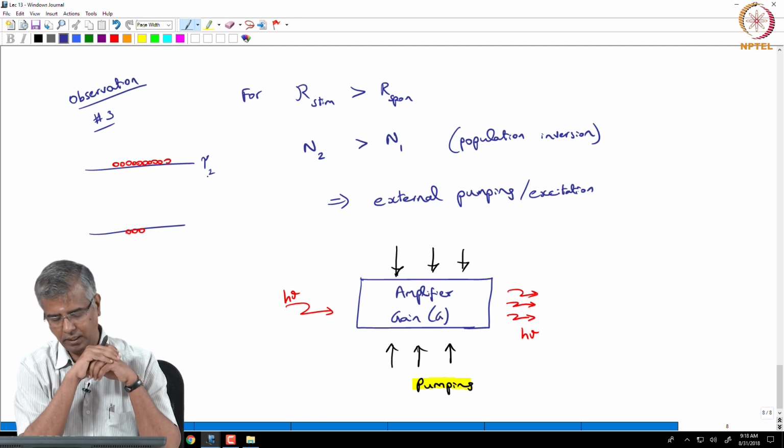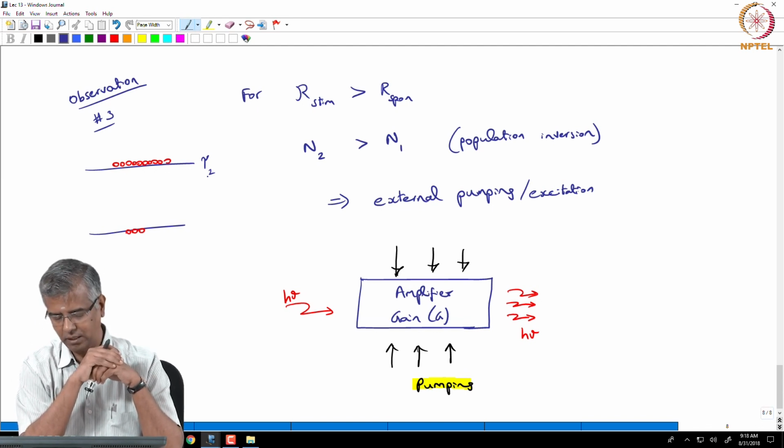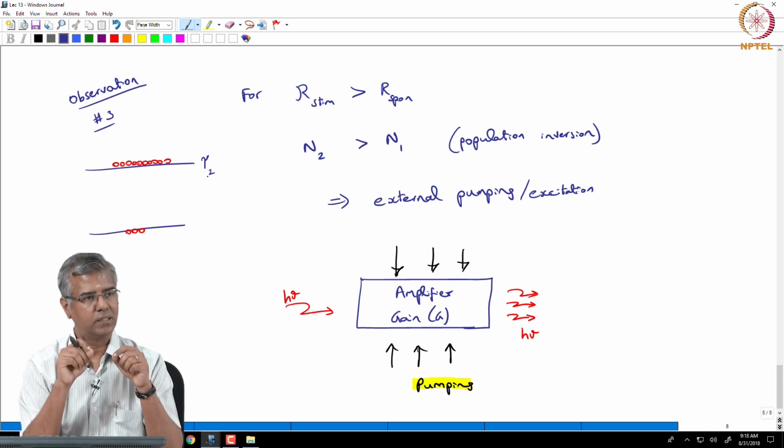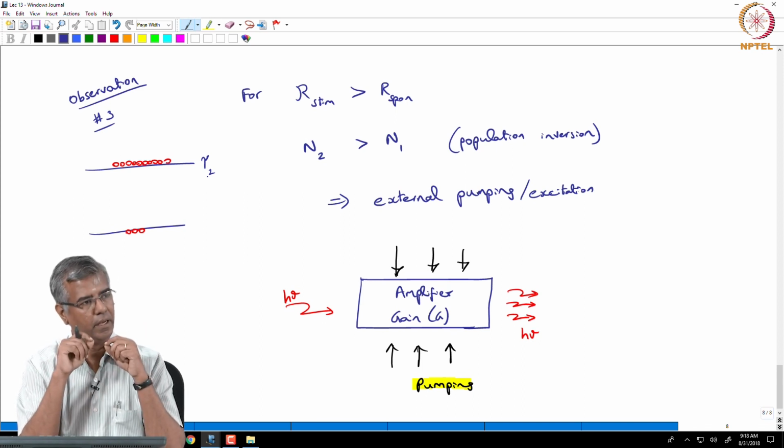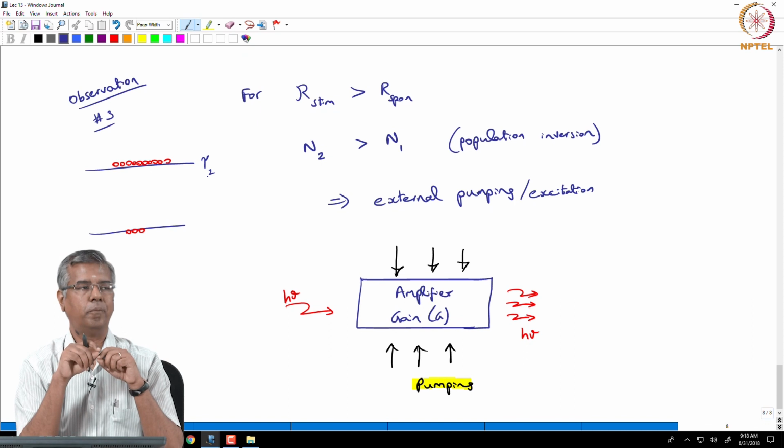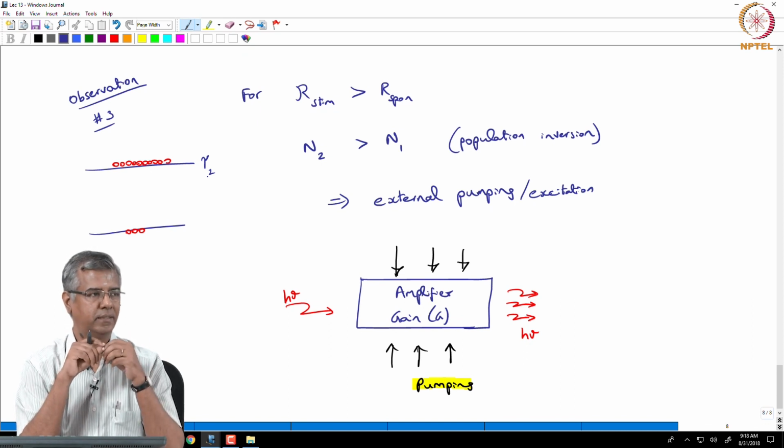Okay, but it requires external pumping to create that inversion. It requires a long lifetime for the higher excited energy level.